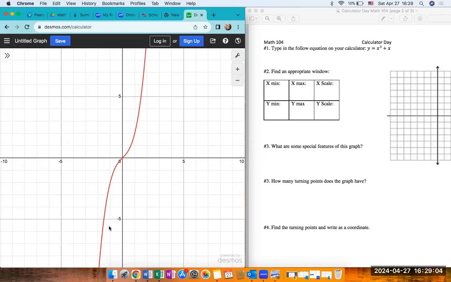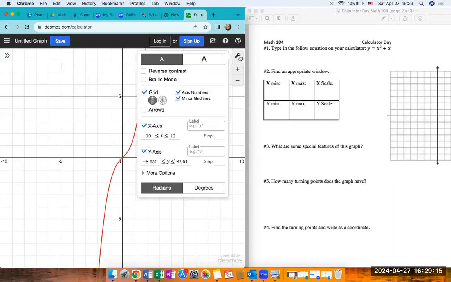And if it's a little obscure, let me try and move this out of the way. If it's a little obscure to figure out your y values, just click over to this graph setting right here, this little tool, and then you'll see right here your x and your y axis. As you can kind of tell, we did go from -10 to 10, and your y axis, no wonder it was a little confusing.